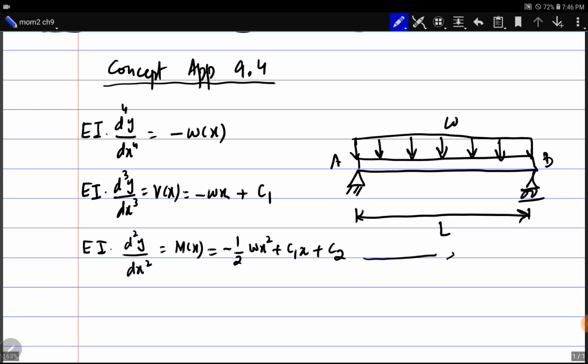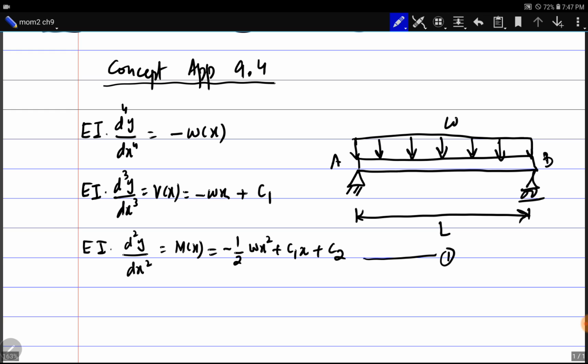Let us call this expression number 1. Here are two constants of integration, C1 and C2. We need to further integrate this expression, but before going further, I want to find C1 and C2. It will make our further calculations easier.